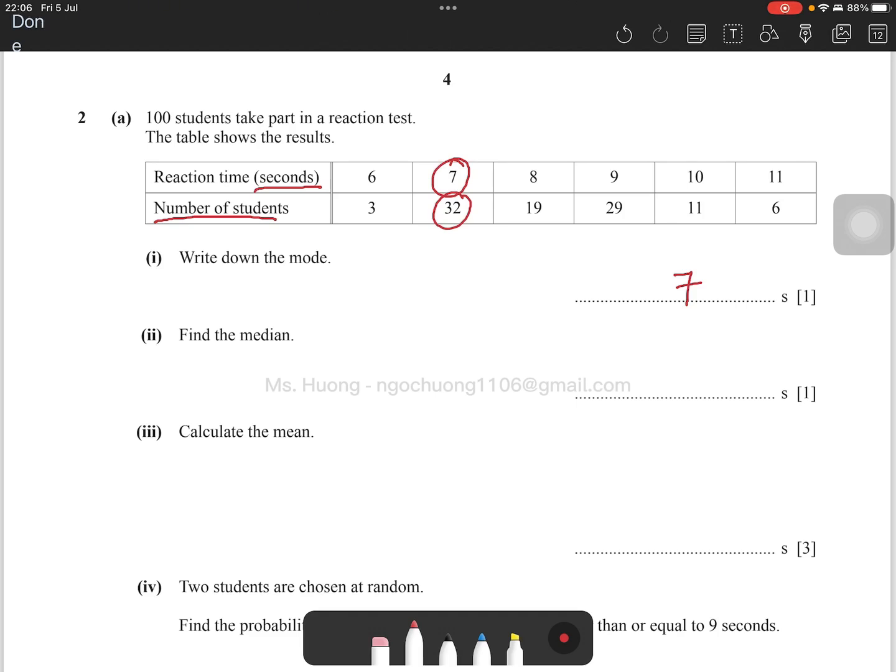Second question, find the median. You know that there are 100 students in this question, so n equals 100, and the median will be the value at the position n plus 1 over 2. In this case, 100 plus 1 over 2 is 101 divided by 2, which is 50.5.